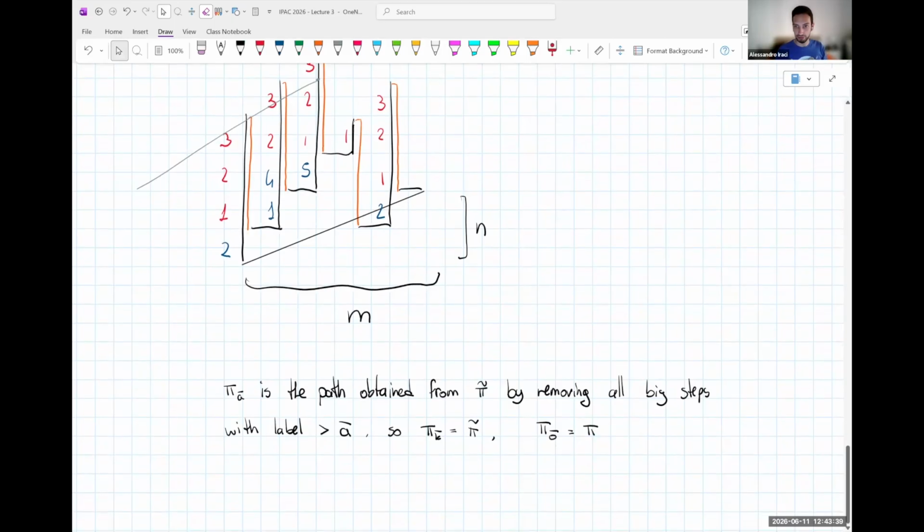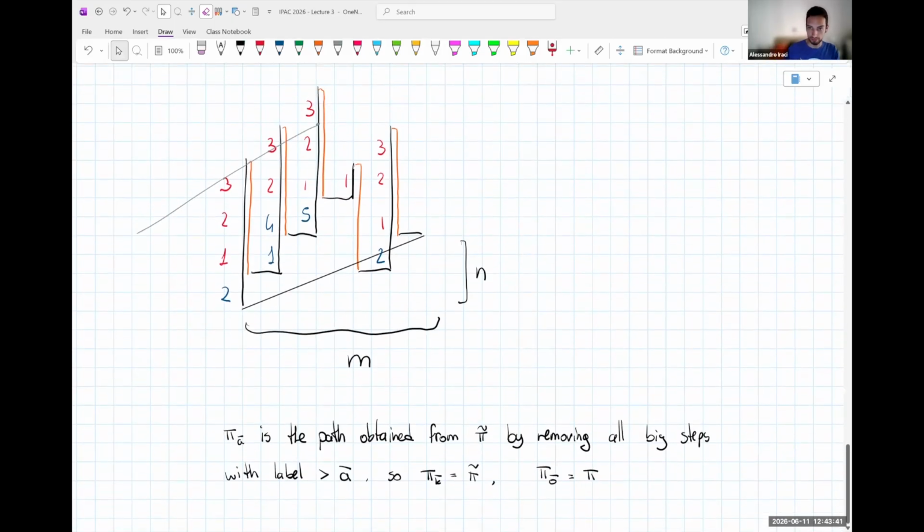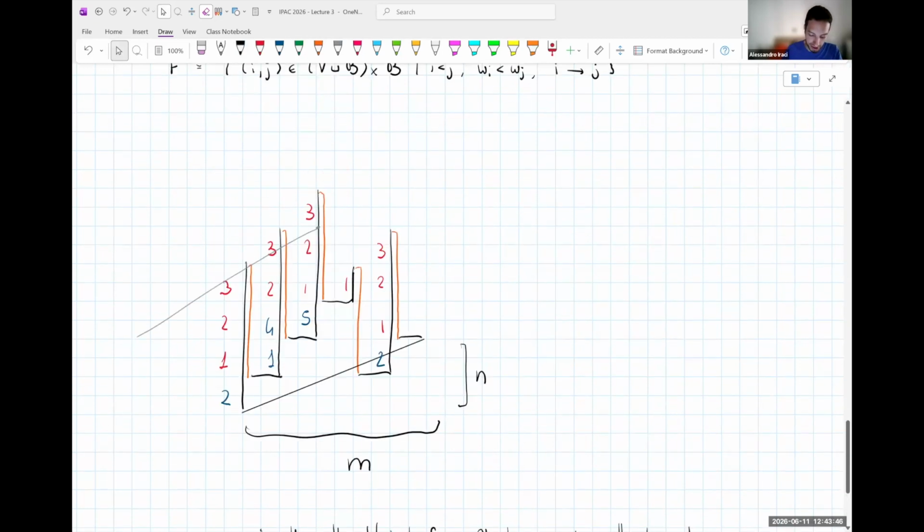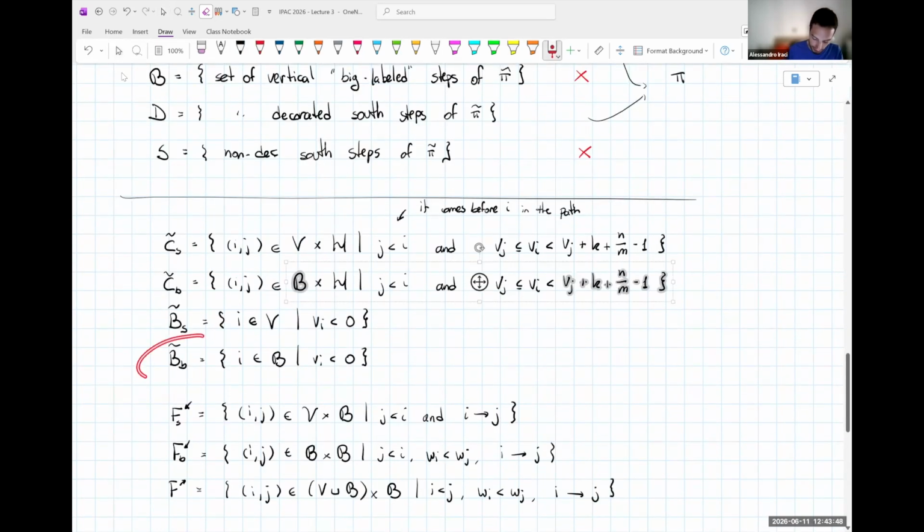So one very obvious thing is, let's start from the easiest of these, this gadget here. This is the easy one.